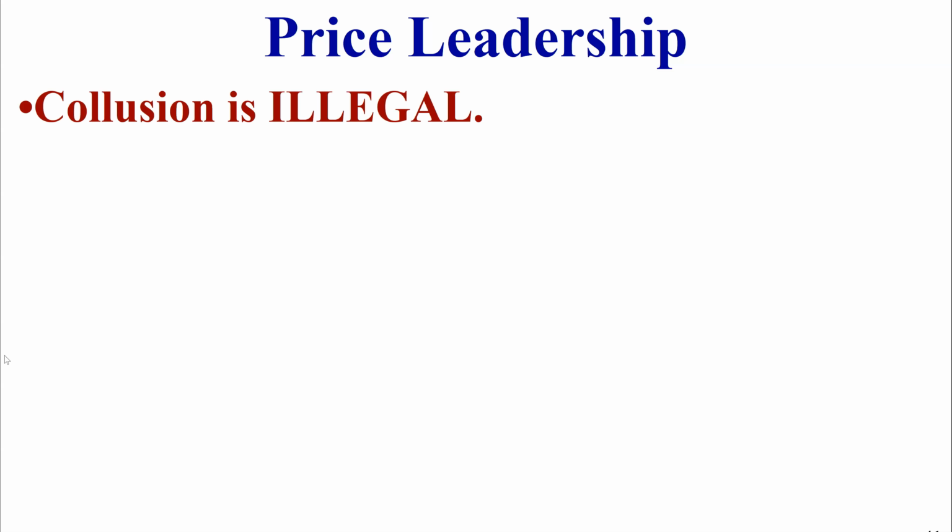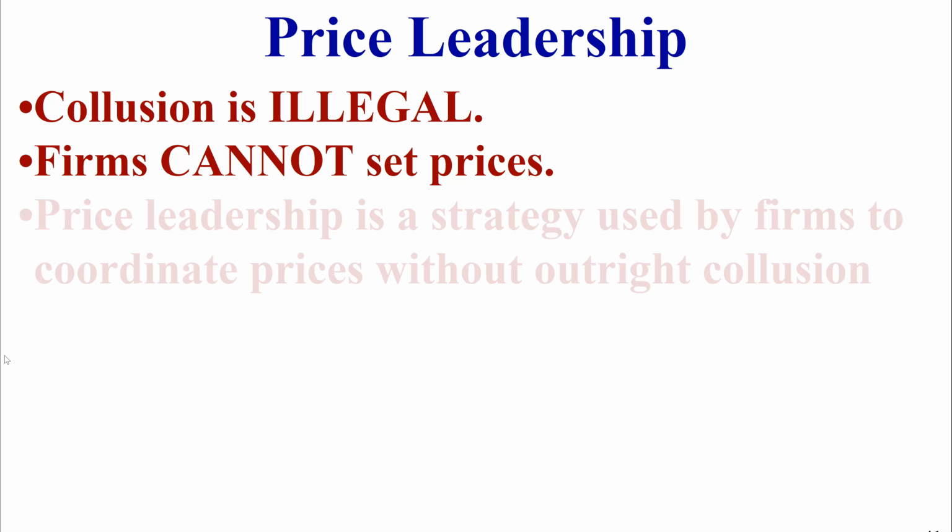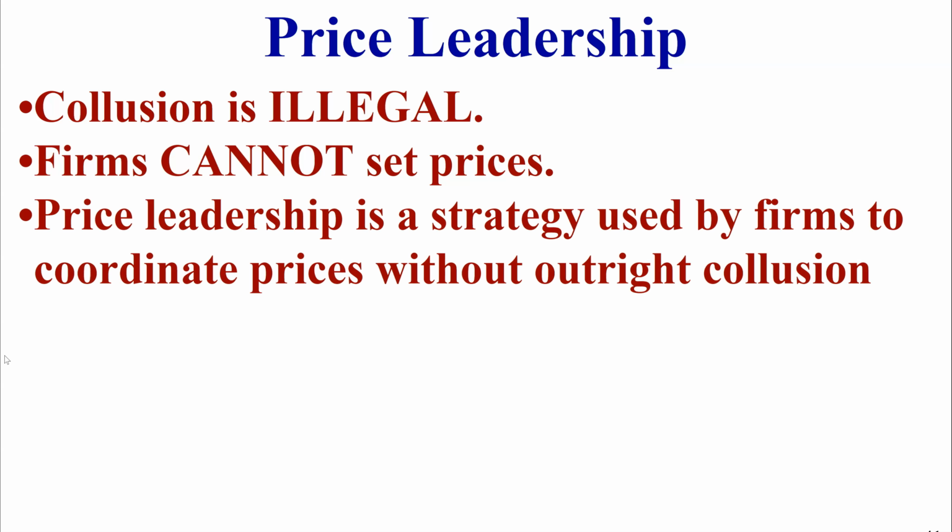So price leadership, it's important to note, again, as we've talked about time and again, collusion is illegal. And firms can't set prices together, but they can use price leadership as this concept to coordinate their prices. Okay, the idea of not colluding, but using game theory, the idea of pricing high or pricing low, or using that pricing strategy in order to move forward with maximizing profitability in this process.